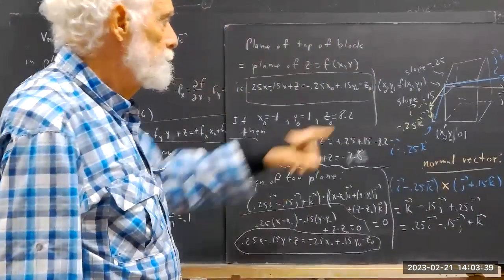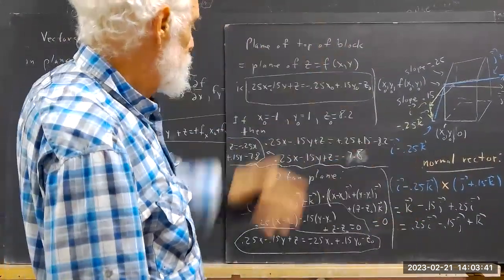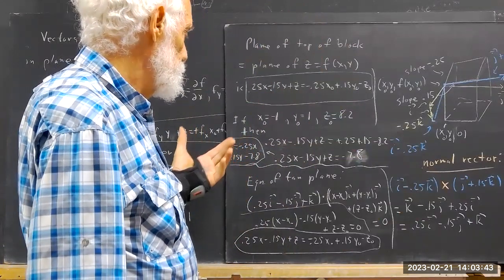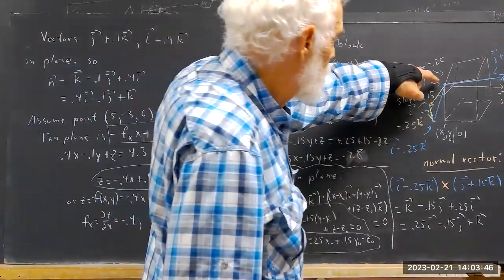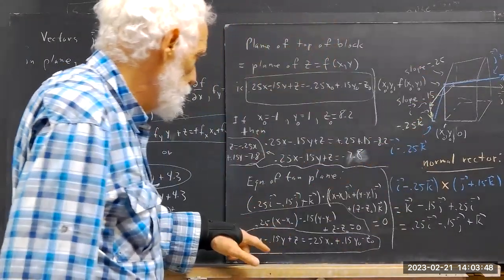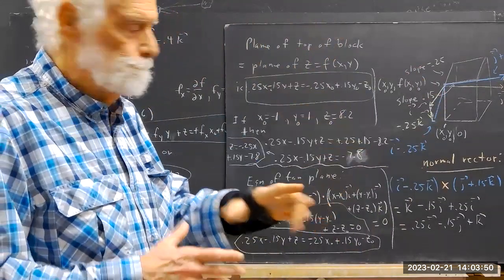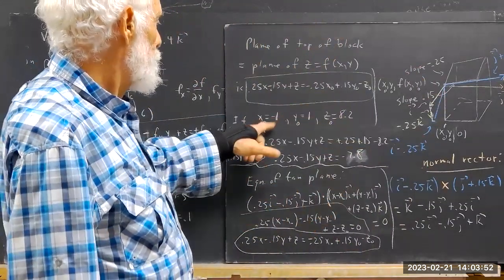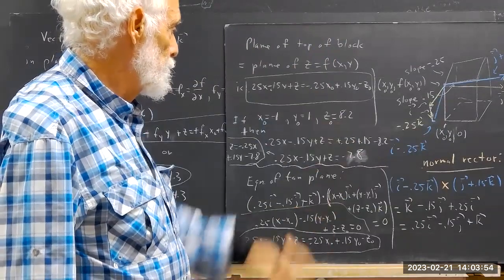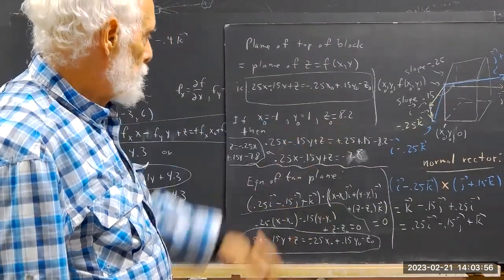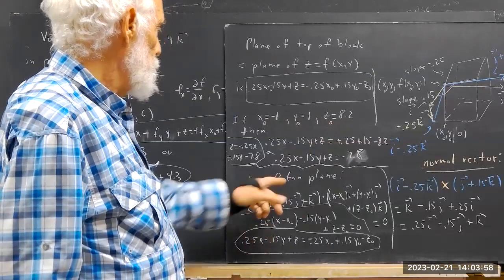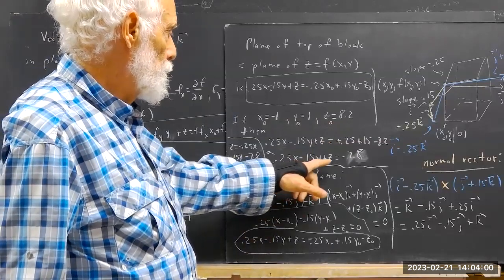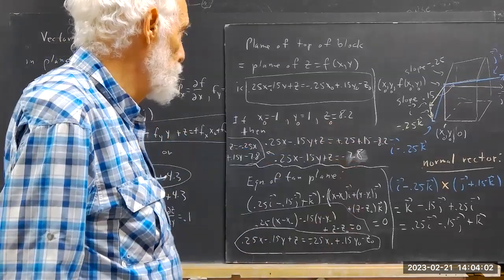found an equation of a tangent line, normal line to the block, and the equation of a plane, assuming values of x naught, y naught, and z naught. And I believe that was all recorded. Then we got 0.25x minus 0.15y plus z equals negative 7.8.